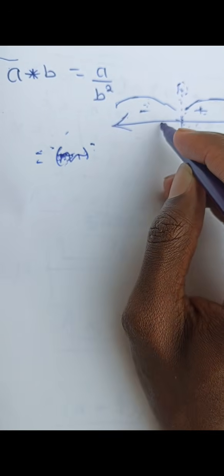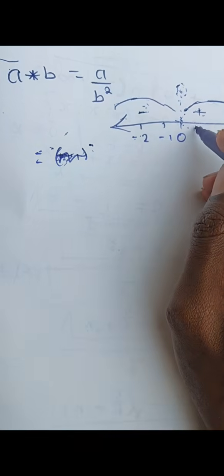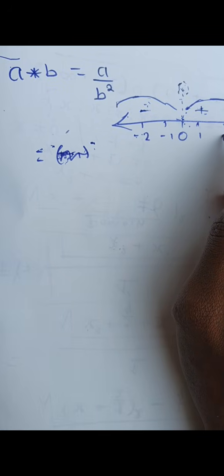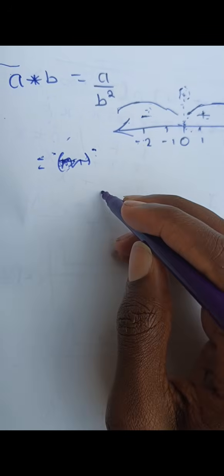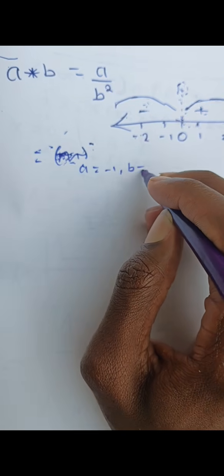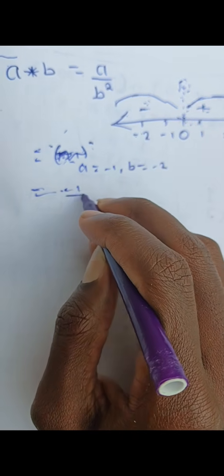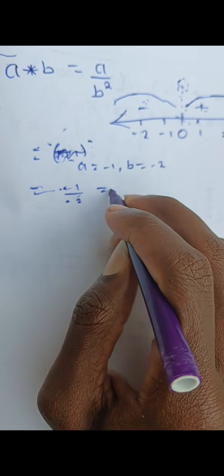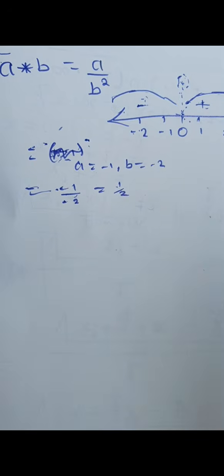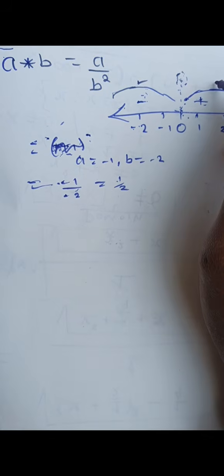Let's say it is -1, it is -2, it is +1, it is +2. So I will let my A be -1, my B be -2. Where is A, I'll put -1. Where is B, I'll put -2, which will give me +1/2. So we are getting a value that is defined, right? So this has qualified. Let's come to this other side.